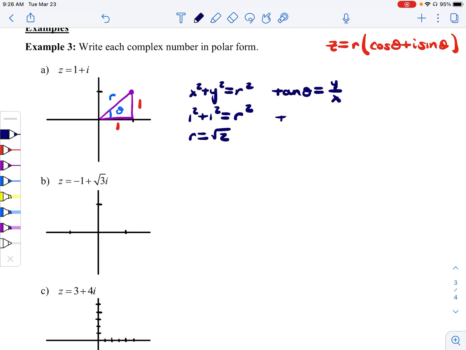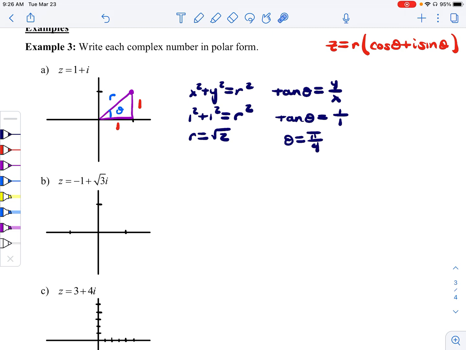All right, and then similarly, to find our theta, tangent of theta is equal to 1 over 1, which would, of course, just be saying tangent of theta is equal to 1. So if we're looking in quadrant 1 for an angle where tangent is equal to a positive 1, that would be the angle pi over 4.